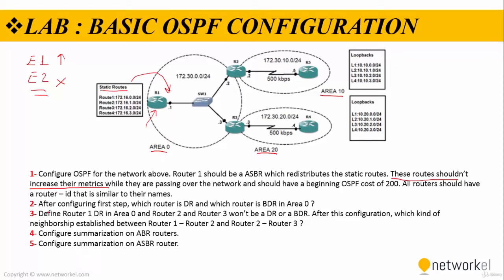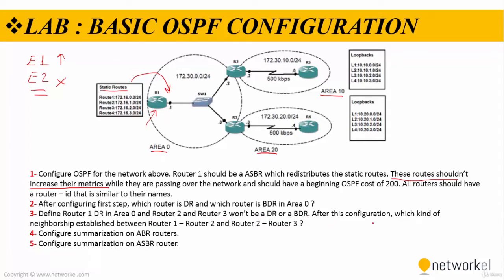Alright. Secondly, after configuring the first step, we are going to take a look at which router is DR and which is BDR for area 0. Okay. Then we are going to define router 1 as DR in area 0, and we are going to define routers 2 and 3 not to be DR or BDR.